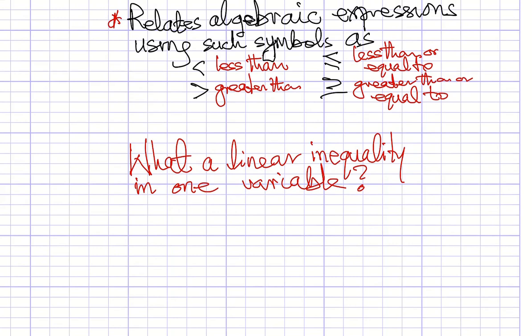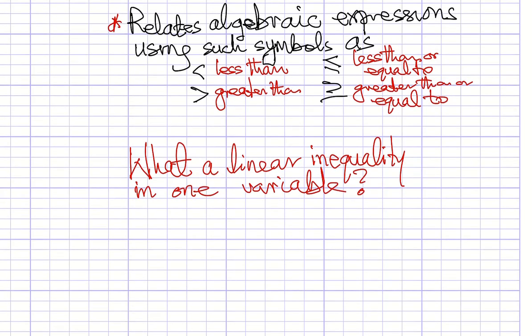The other thing I want to introduce you to is the concept of, you remember we talked about linear equations, they also talk about linear inequalities, a linear inequality in one variable. What does that mean?